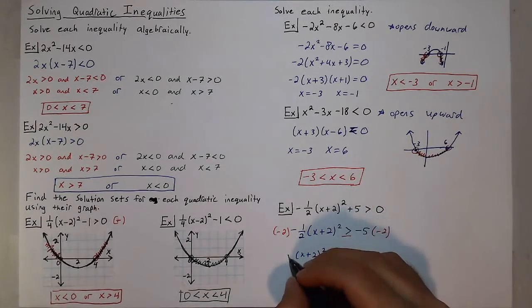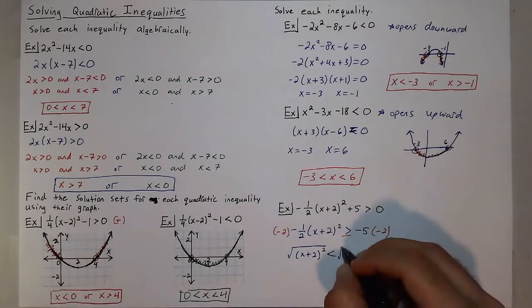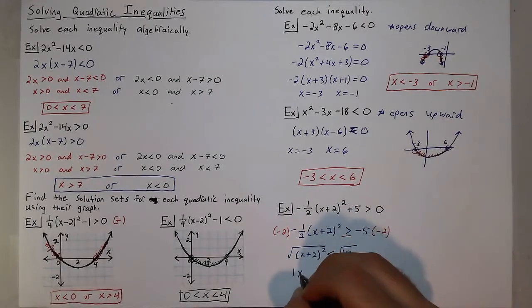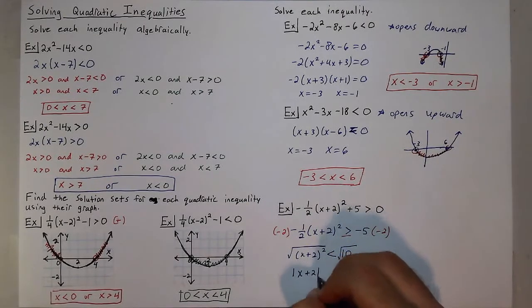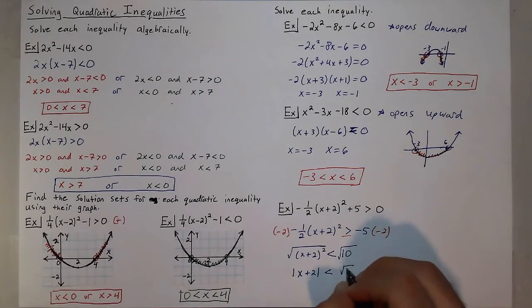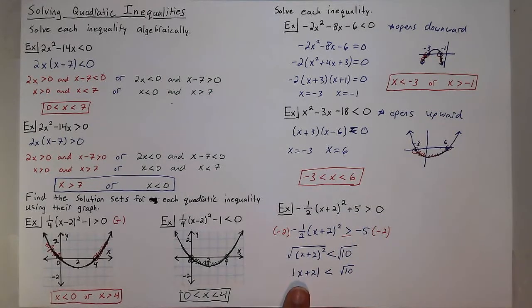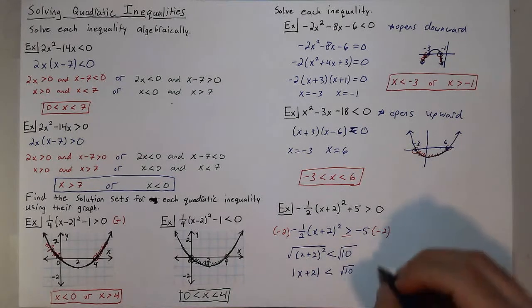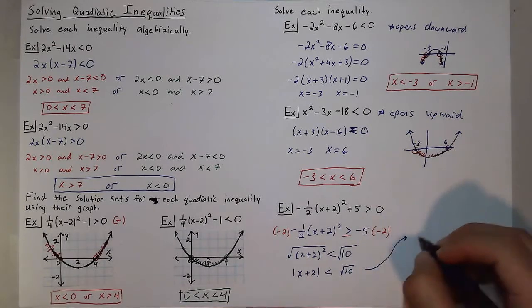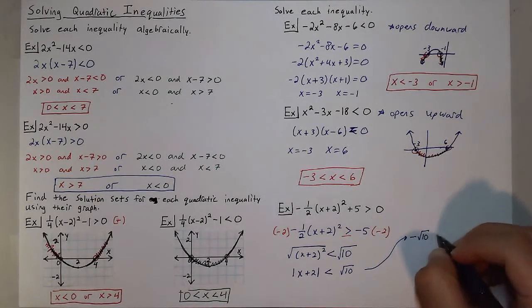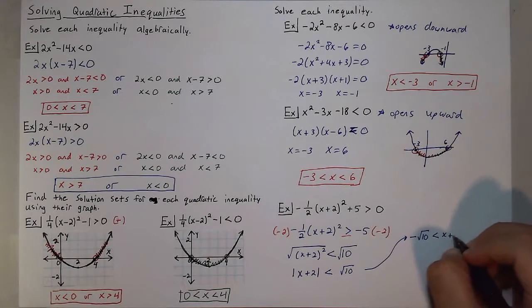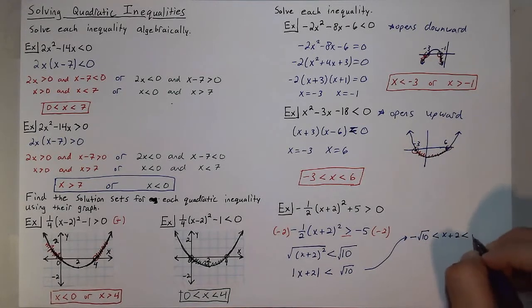And then I could take a square root of both sides, giving me the absolute value of x plus 2 is less than the square root of 10. Now, if you remember solving absolute value inequalities, whenever an absolute value is less than a number, it means it was between the positive and negative of that number, which would bring me to negative square root of 10 is less than x plus 2, which is less than square root of 10.